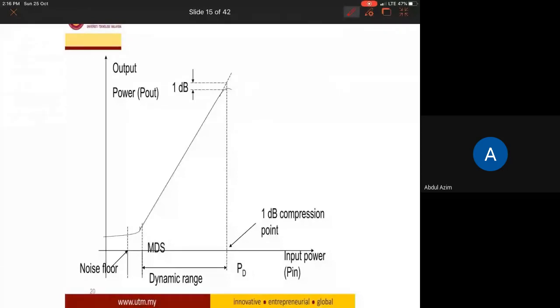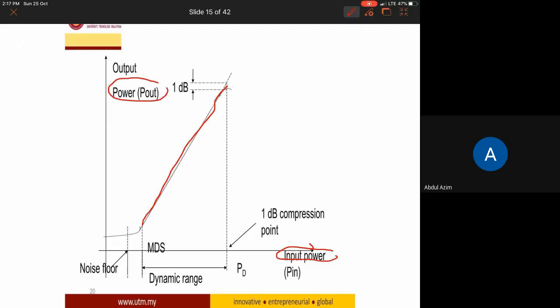Okay, so this is the linear region. This linear region is a straight line, following the graph of output versus input power. Basically output over input, you can have a gain or loss.